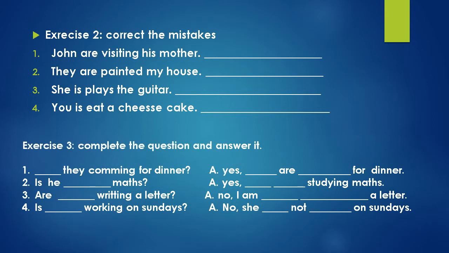Exercise 3. Complete the question and answer it. This is an exercise where the student has to complete a question and practice how a question is made and how an answer is made. For example, 1. Space, they coming for dinner.